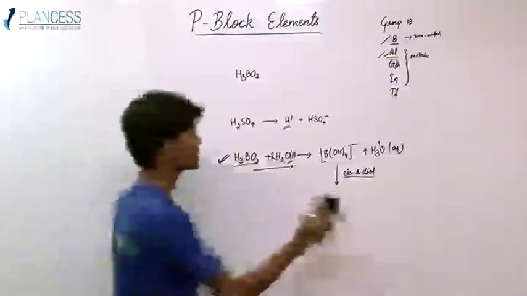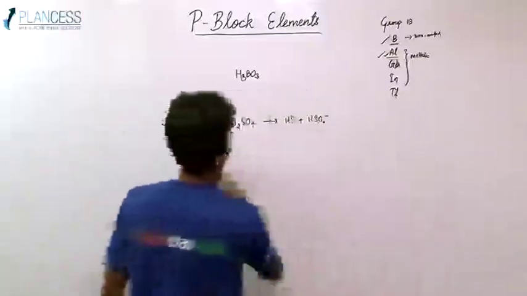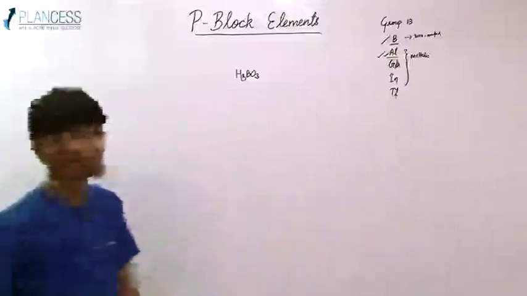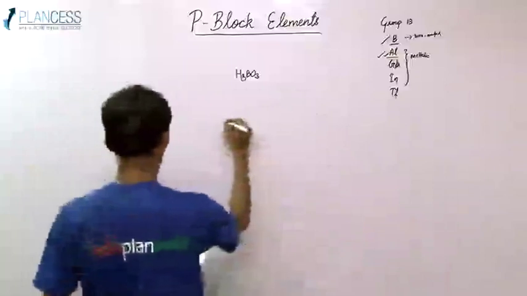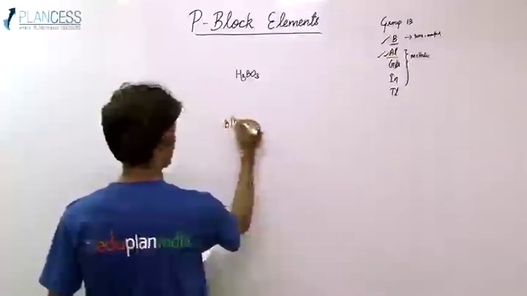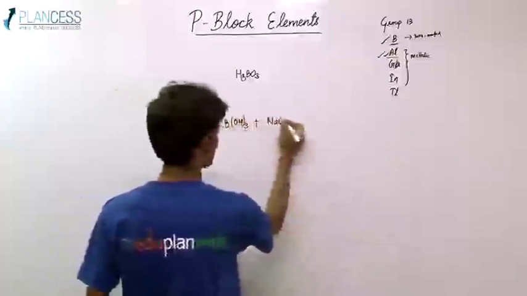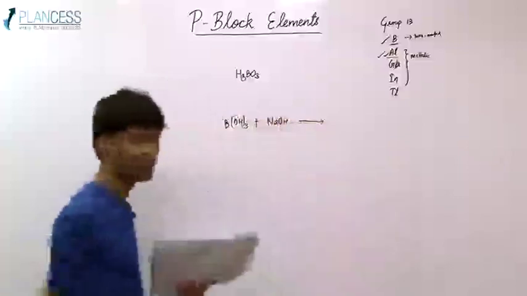It forms a stable compound, and that's why the reaction goes in the forward direction. That is H3BO3, which you can write as B(OH)3. It reacts with NaOH, which is used for the titration of boric acid.